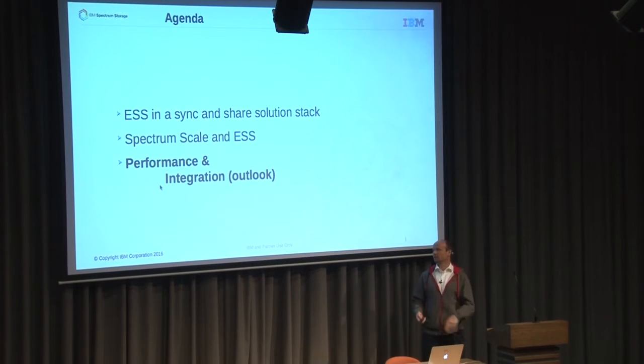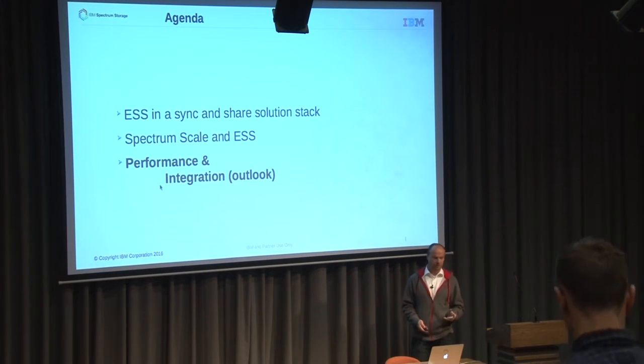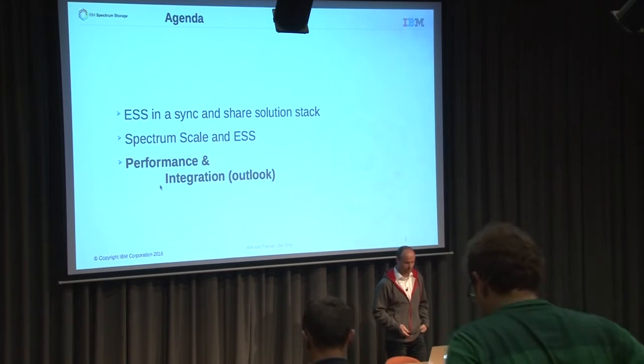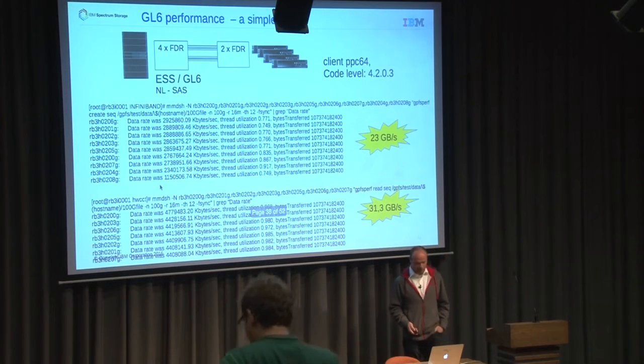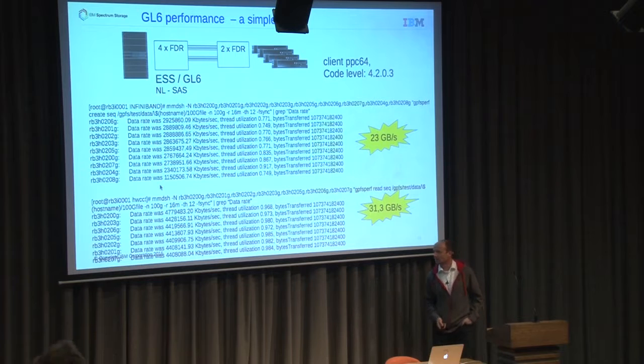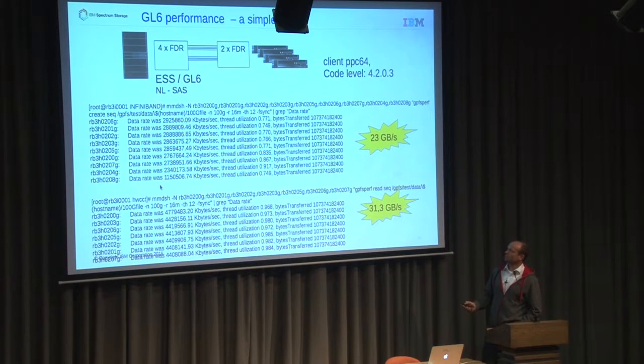Some thoughts about numbers. I mean, it's nice to see all these features. What can you expect? What is the benefit to get out of it? I prepared some slides to give you an idea. One building block, ESS GL6, the model with 6 enclosures with nearline SAS drives, can saturate nearly 30 gigabytes per second on read access and nearly 23 on write.